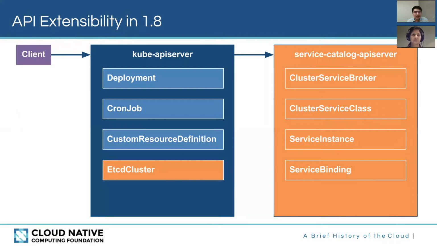The difference with custom resource definition is, as you see inside of the main API server, there's these APIs we provide, like deployment, cron job. Custom resource definition is sort of a meta API, where it's an API that lets you ask the API server to host another API for you. So this example shows etcd cluster is installed as a custom resource definition.